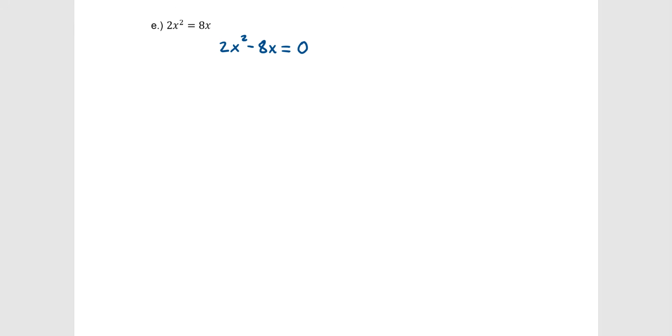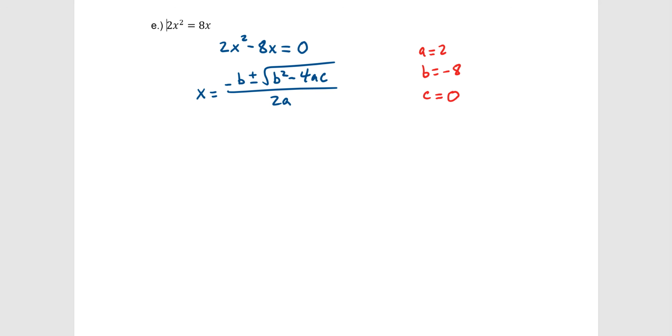And now we have the quadratic formula. Our a value is going to be 2, our b value is negative 8, and our c value, we do not have a constant term, so our c value is 0 here. Okay, so let's plug all of these in.